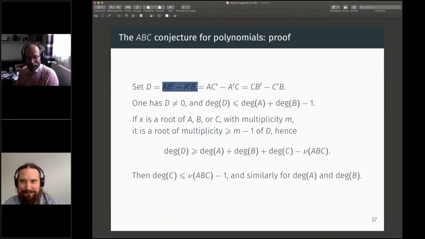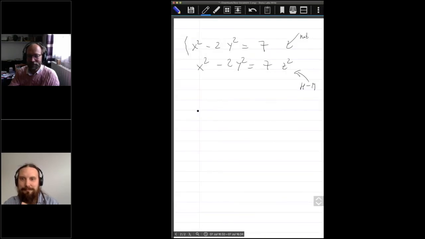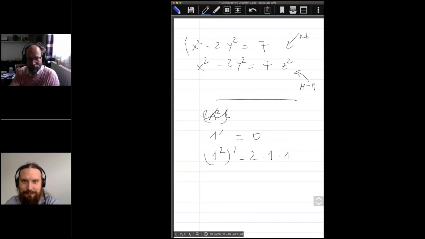And you can think of whether you can differentiate integers, but nobody can. There are ways to differentiate integers, but if you want the standard rules of calculus to apply, the derivative of 1 has to be 0, because 1 squared prime should be 2 times 1 times 1 prime.